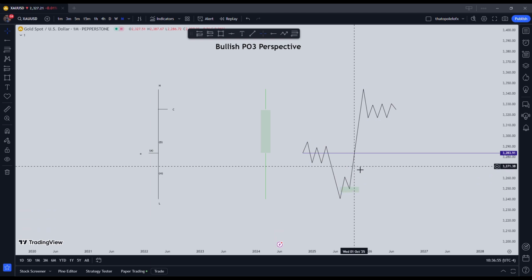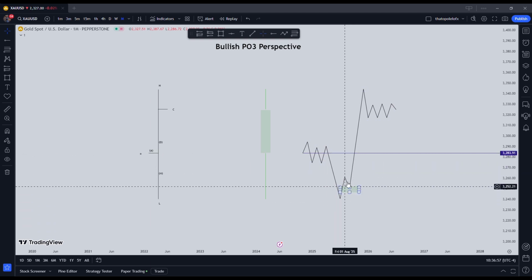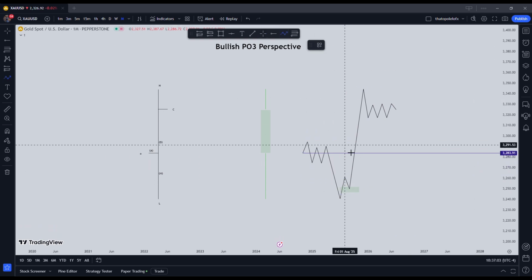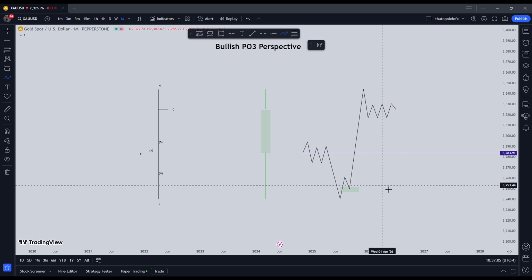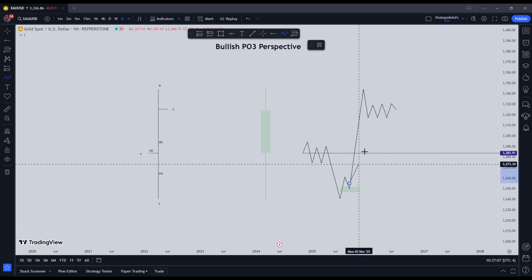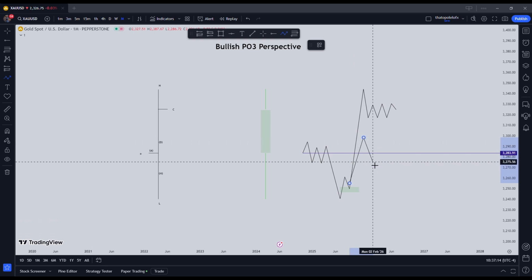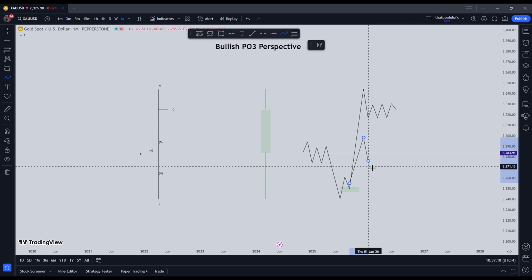You can buy anywhere below the opening price. Even if price comes and you were not able to enter initially at this point, it usually comes back down, closes here, and this would be another opportunity for you to buy.